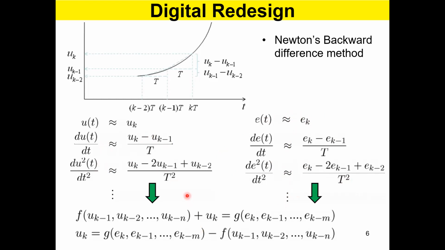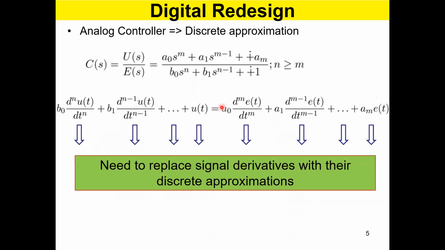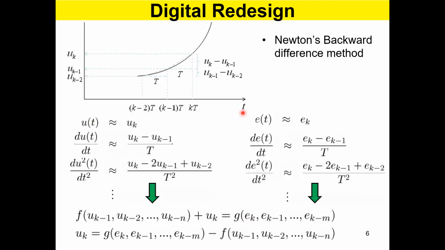Therefore, the controller is a function of uk minus 1, uk minus 2, up to uk minus n for all the derivatives of uk, plus the control signal now. And on the right hand side, you have the error terms, so there you have error rates.